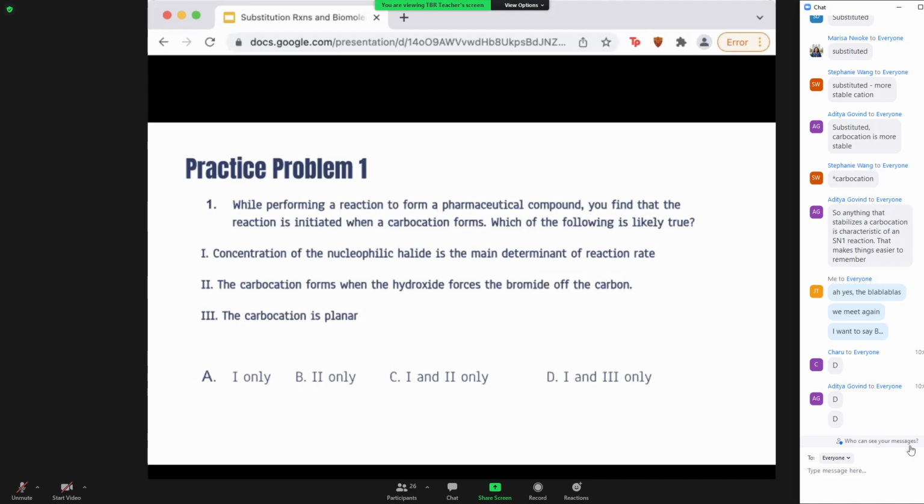Great. Okay. So I have a couple of answers. The answer is D. So we can go through this one as well, just in case we need extra explanation. So number one, concentration of the nucleophilic halide is the main determinant of reaction rate.